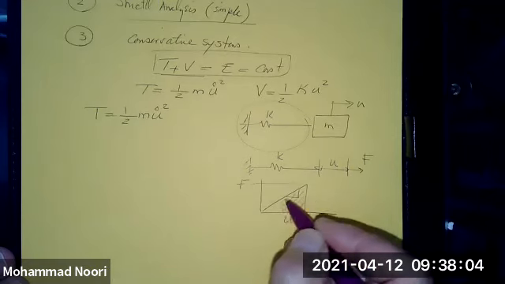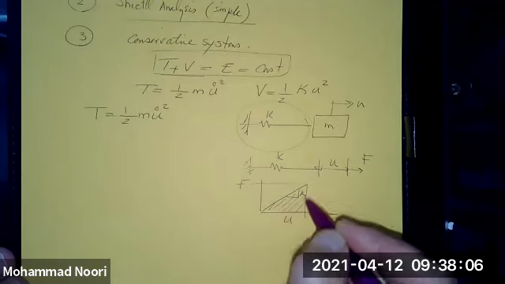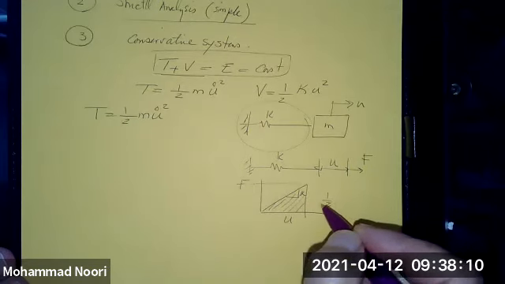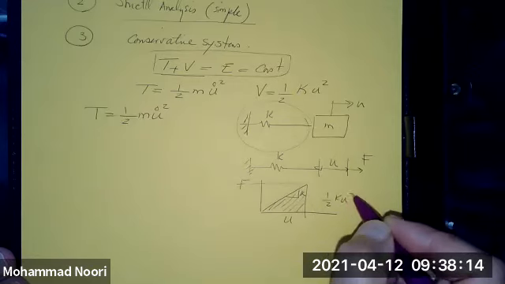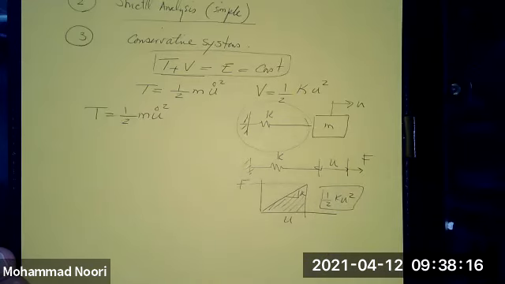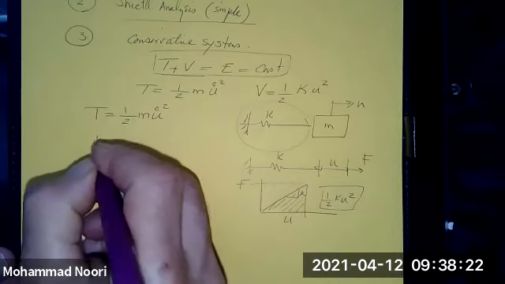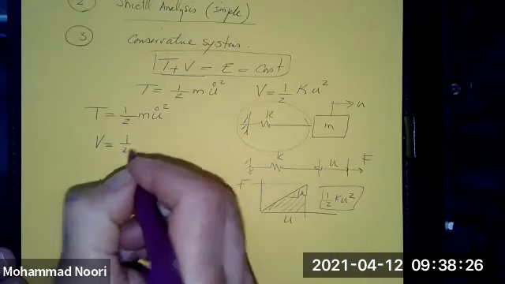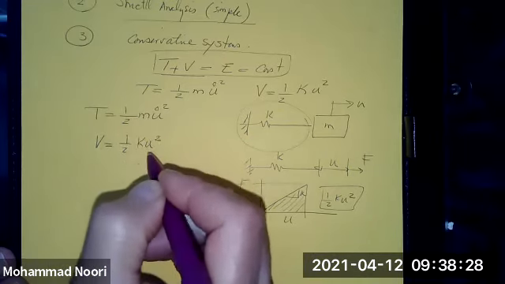It is the area under this curve, right? This is K. So it would be 1/2 K u squared. So that's the potential energy of that spring.